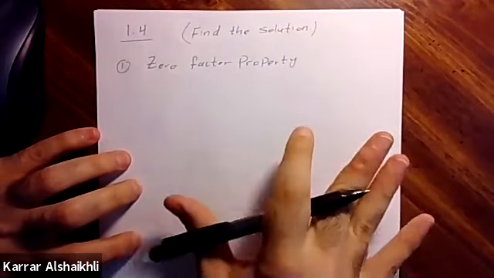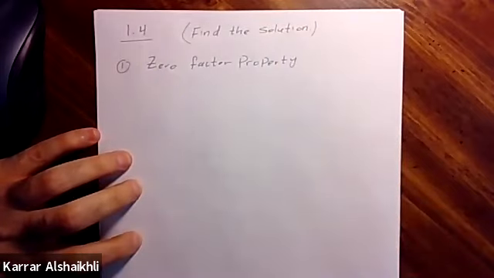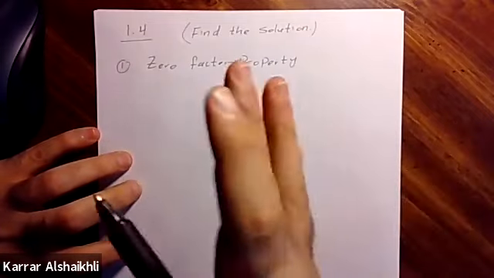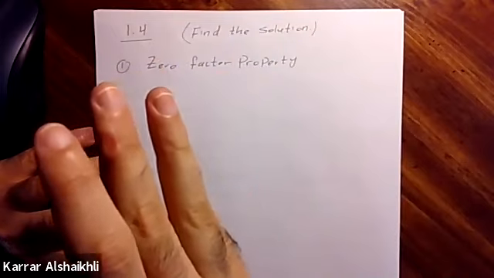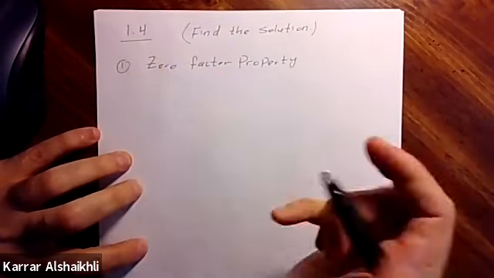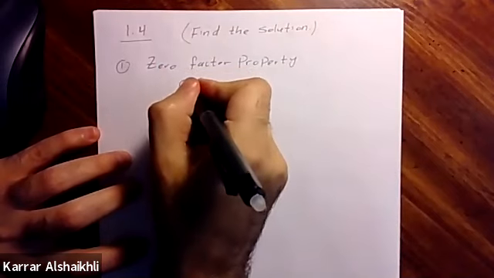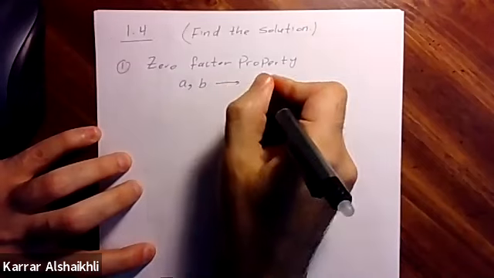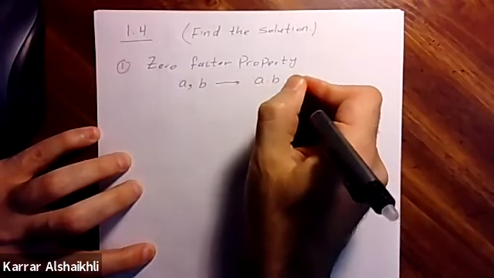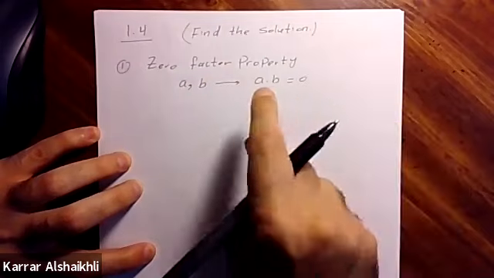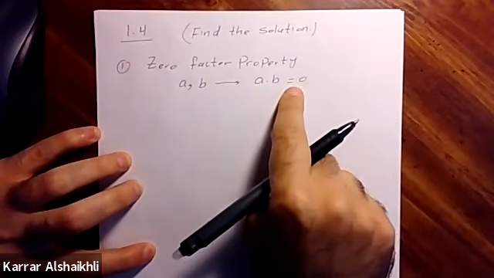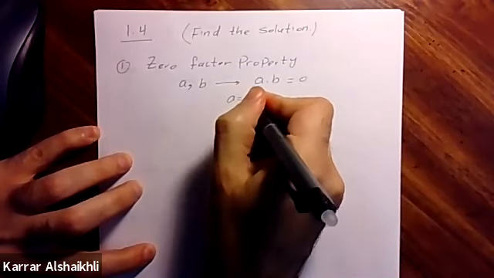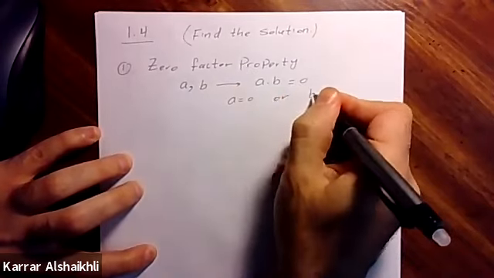The zero factor property: if you have two numbers, I'm going to make it easier for you, A and B. If A times B equals 0, if the multiplication of these two numbers equals 0, that means A equals 0 or B equals 0.